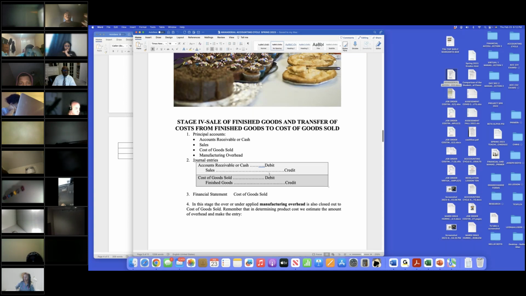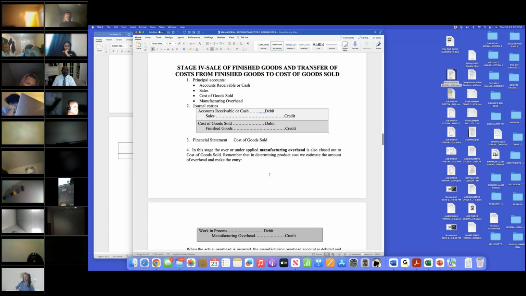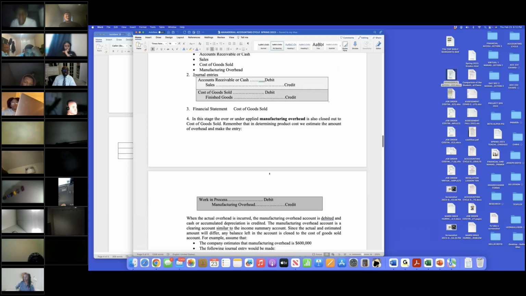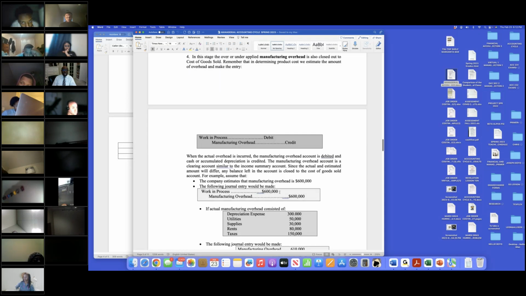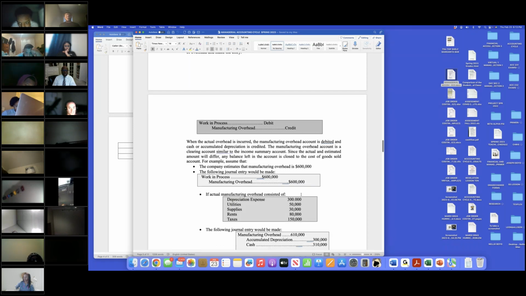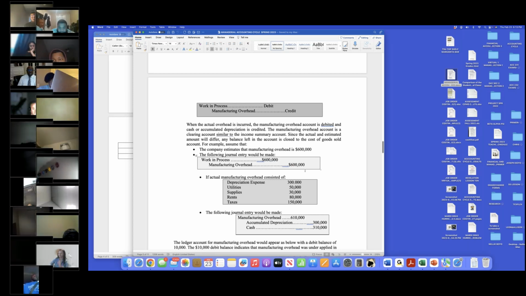Now, something else that will happen in this stage is that we have to estimate the overhead. So we debited work in process and credited manufacturing overhead. We estimated at $600 in stage 2. The actual overhead may be different. When it came in, it turned out to be $610.